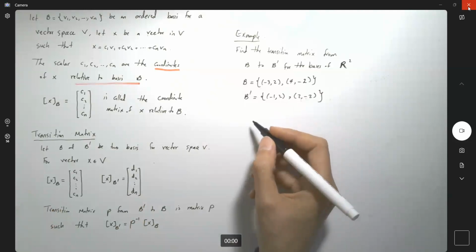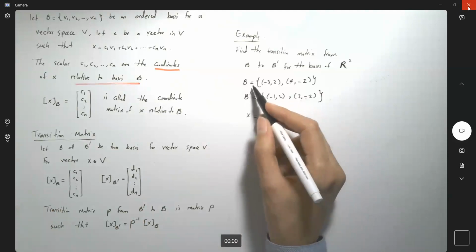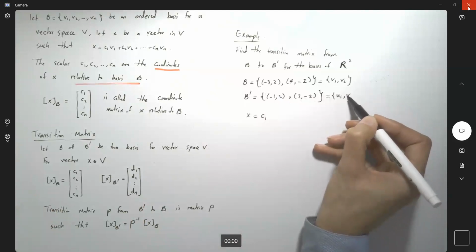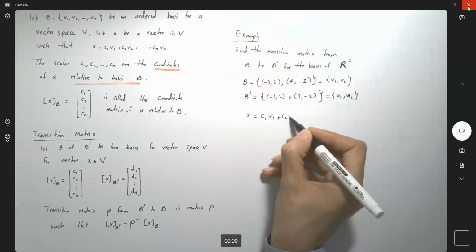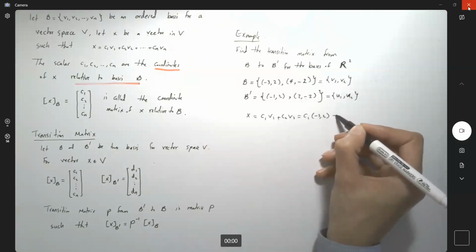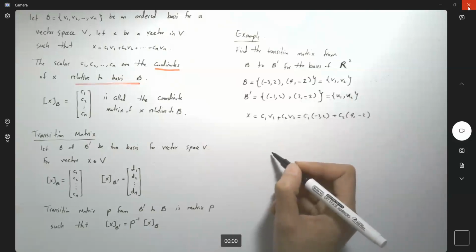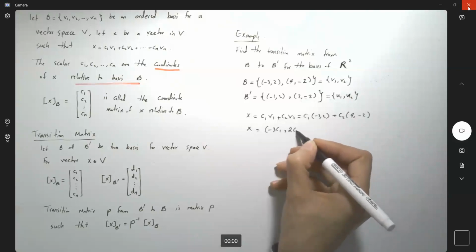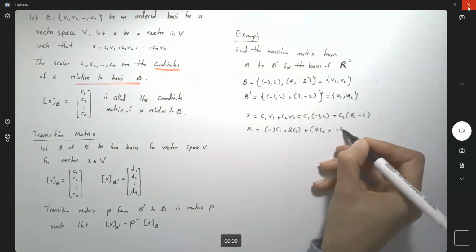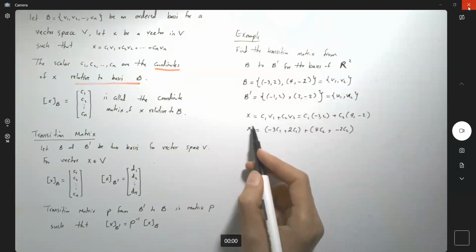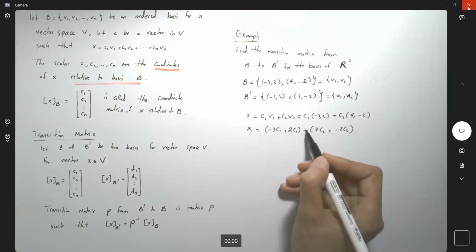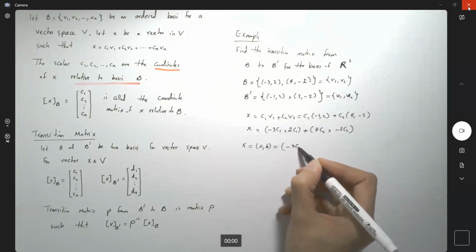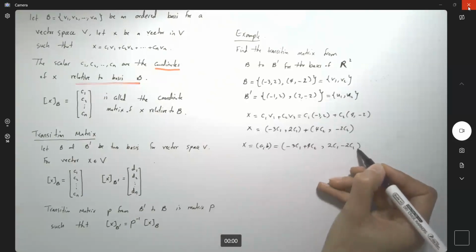Basically, a vector x is written as c1 v1 plus c2 v2, which is c1 (-3, 2) plus c2 (4, -2). This is equal to (-3c1 plus 4c2, 2c1 minus 2c2).